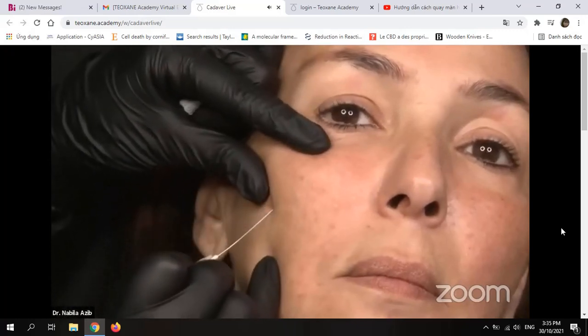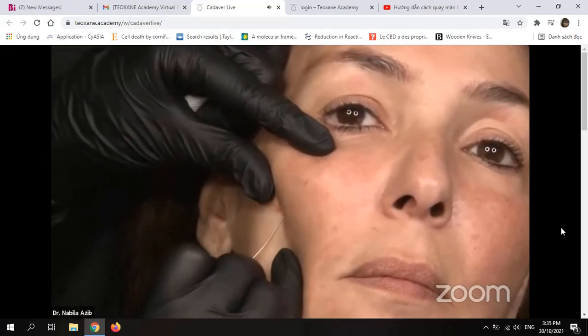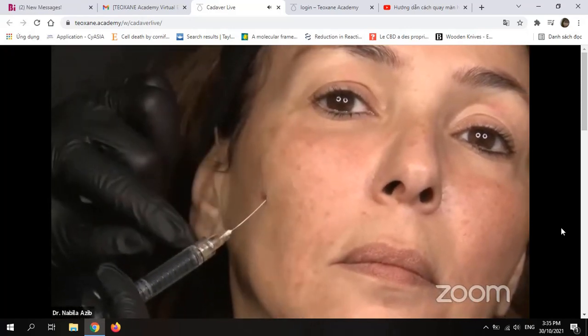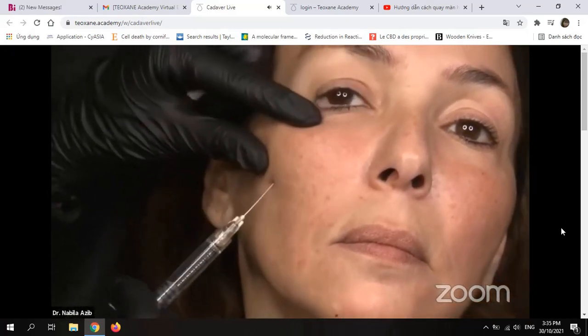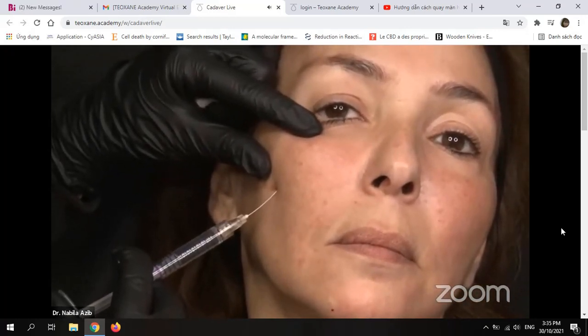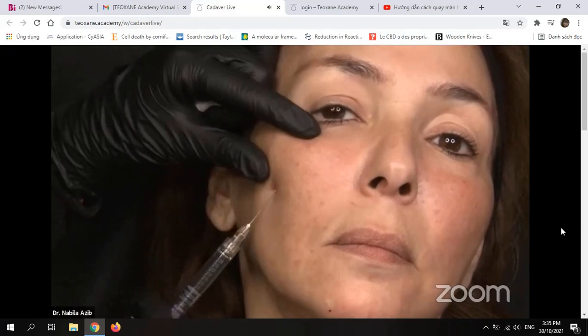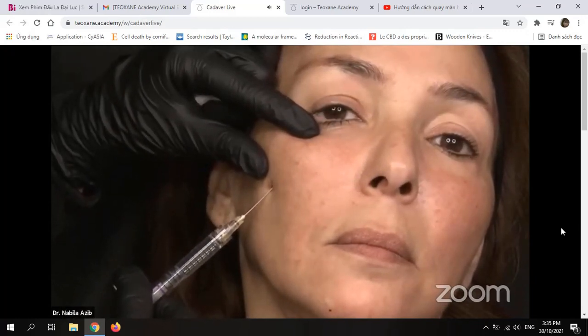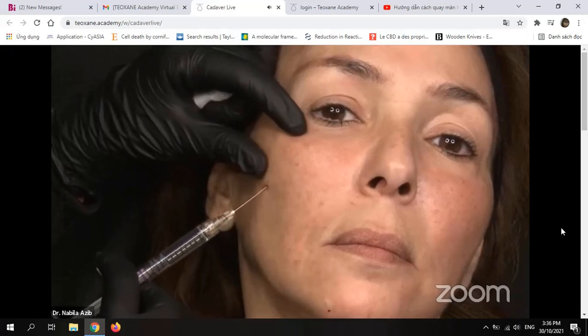I just withdraw, change the angle, and go to the lateral SOOF. Touch the bone, place my bevel up, and inject 0.1 ml on the lateral SOOF.